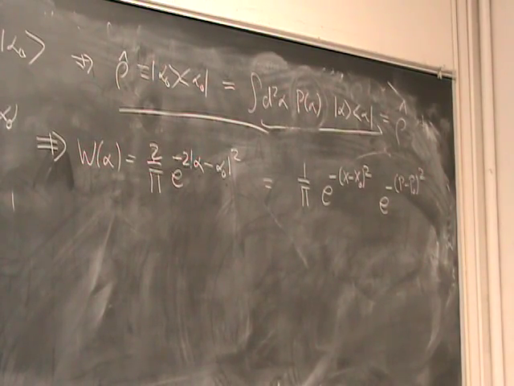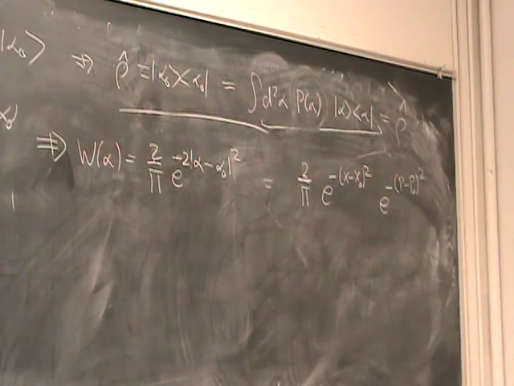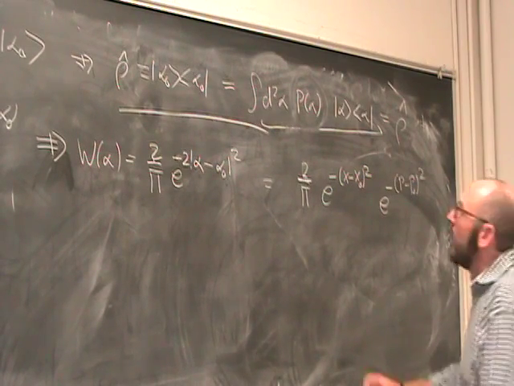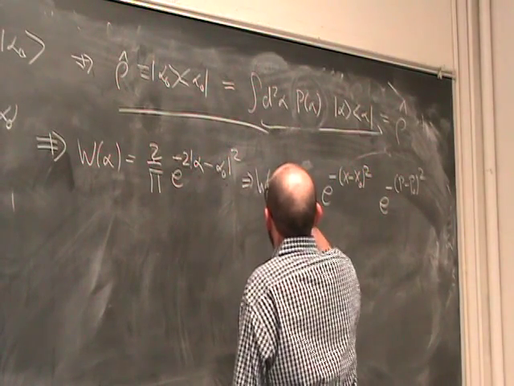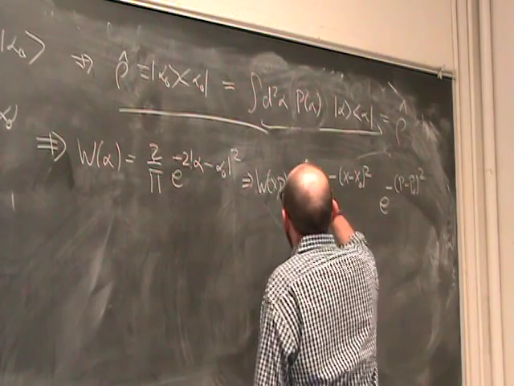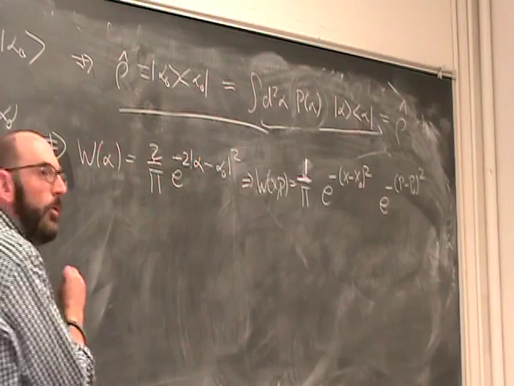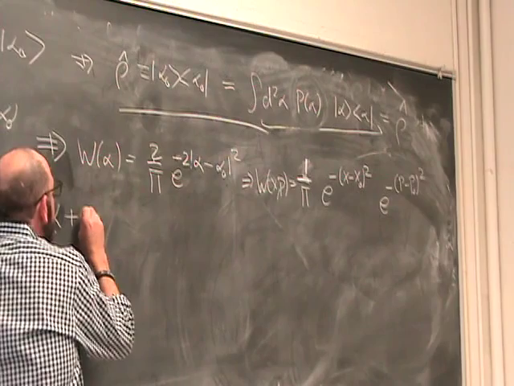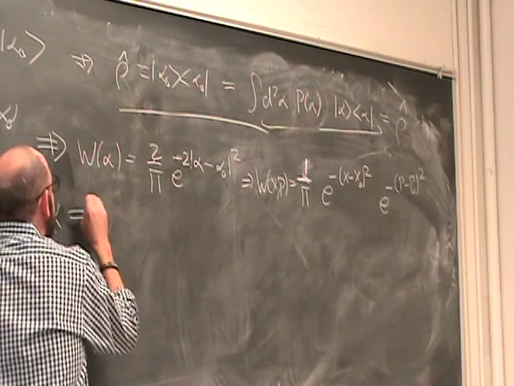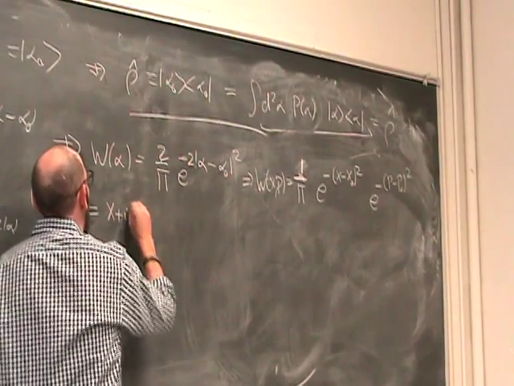Times a factor of 2 up there. So that means that W of X and P is equal to this, because when I make the change of variables, there's a factor of 2 there because alpha is equal to X plus IP over root 2.